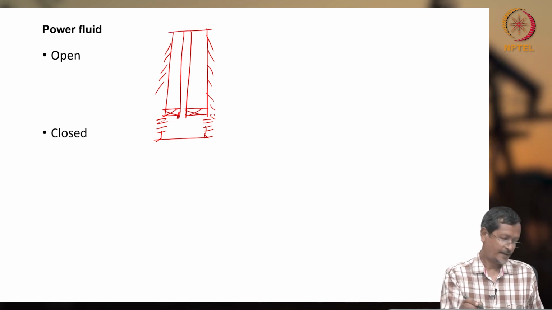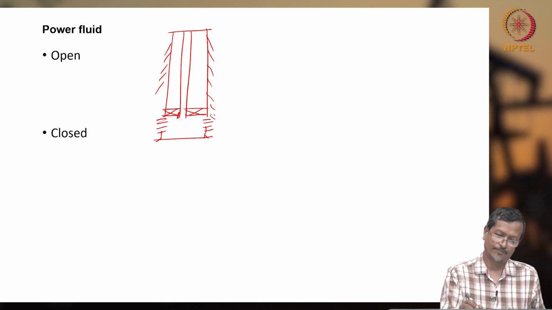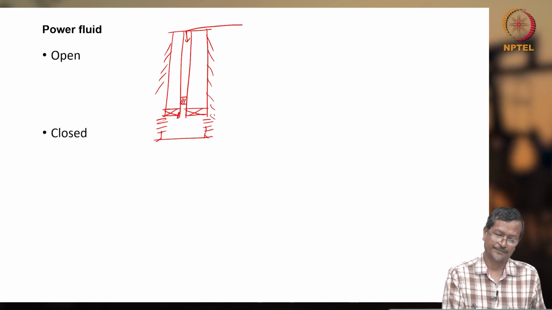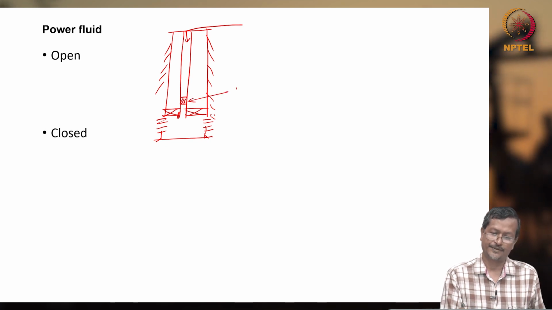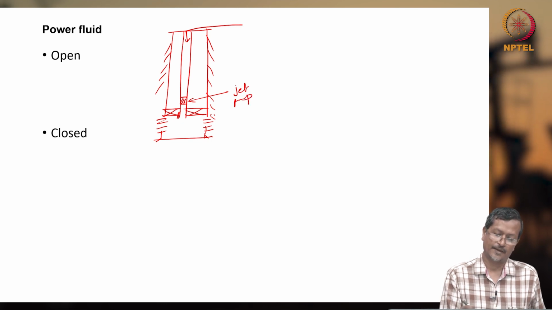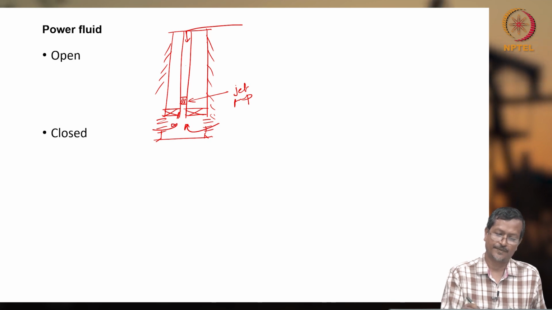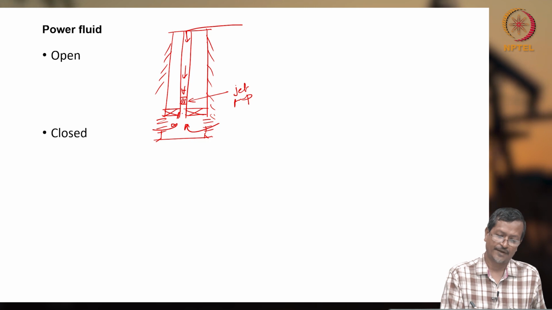Now I have to inject power fluid through this. Okay, my pump is here, jet pump. So wellbore fluid will be going through this, and in the jet pump you are putting high pressure fluid, and these two fluids will be mixed up and it will be moving through this.